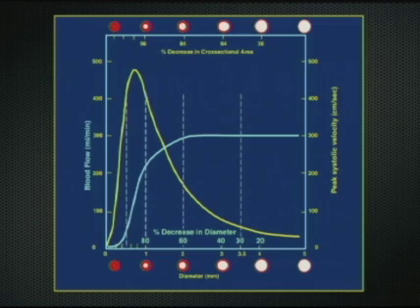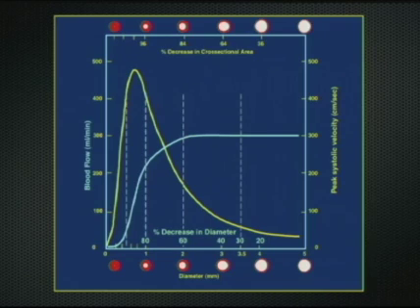If you look carefully, you'll see that at a diameter of 2 millimeters, which represents a 60% decrease in diameter, the cross-sectional area has been decreased 84%. And a diameter of 1 millimeter, corresponding to an 80% diameter reduction, corresponds to a 96% reduction in cross-sectional area.